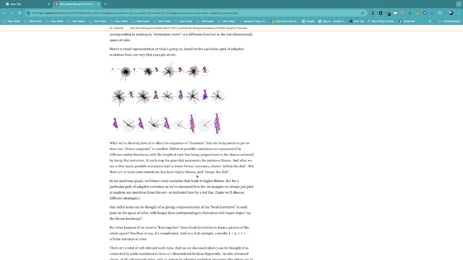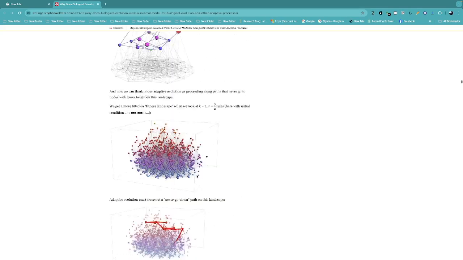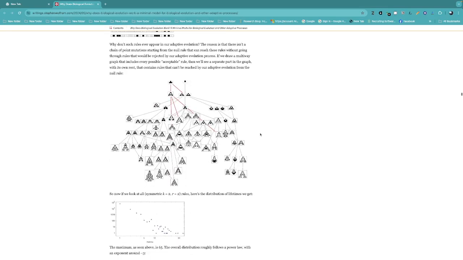And then you can reconstruct that and show that contingency as the product of a series of contingencies, as the product of evolution. And so we can also think of this in terms of exhaustive versus adaptive search. So exhaustive search would be where the space was searched randomly or by brute force, and we can bring in ideas about adaptive evolution and adaptive search to the space. And so he talks about this a little bit.